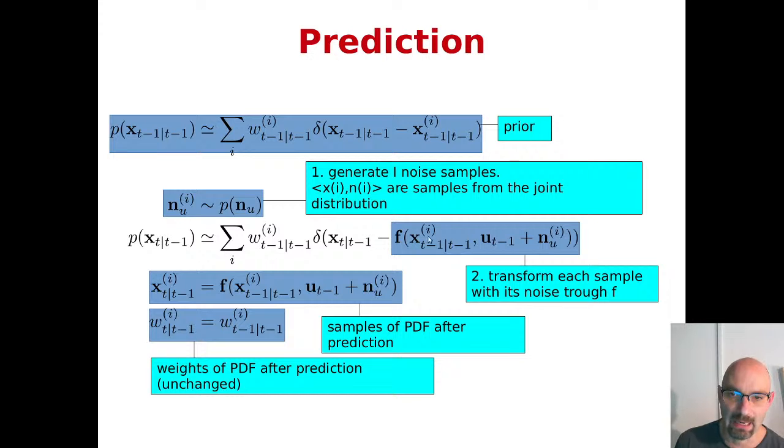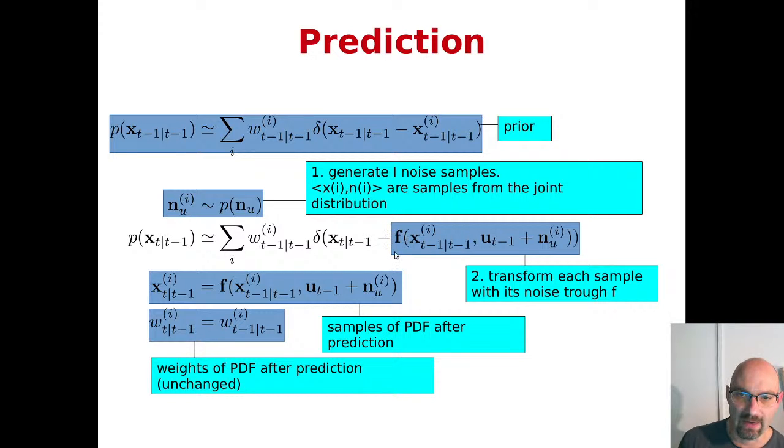Well, for each sample of the input distribution, I generate a sample of noise. This is equivalent to generating a joint distribution. And then I attach this noise to the control, and with these values, the values of the sample and the individual values of the noise attached to the sample, I perform the prediction. Okay? So I evaluate the function.